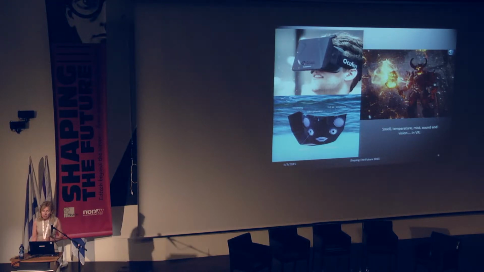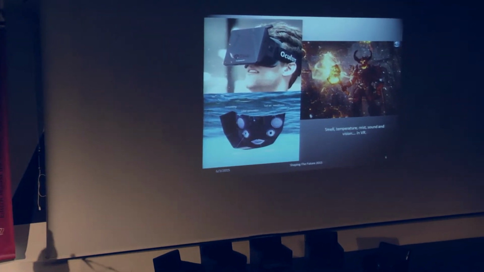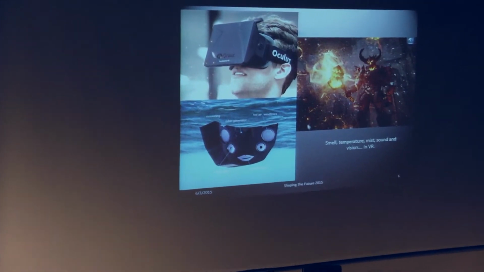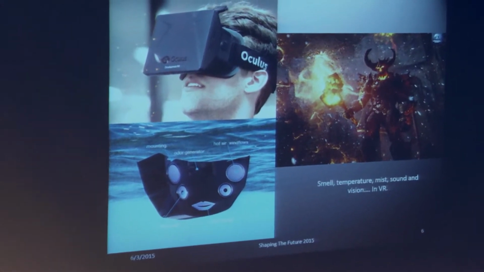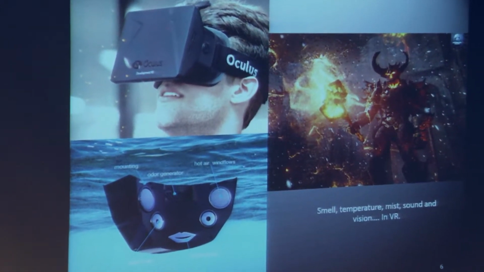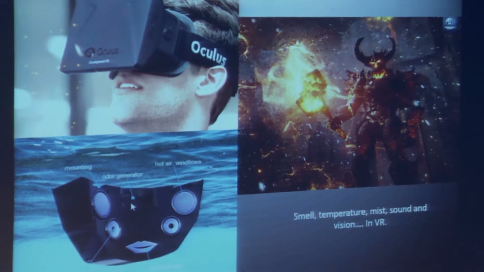And this is the Oculus that you saw before. And this, just below, you can see a device which they just published on Kickstarter, and they are trying to get money for this. So what this is trying to do is, at this point, you have a smell producer.